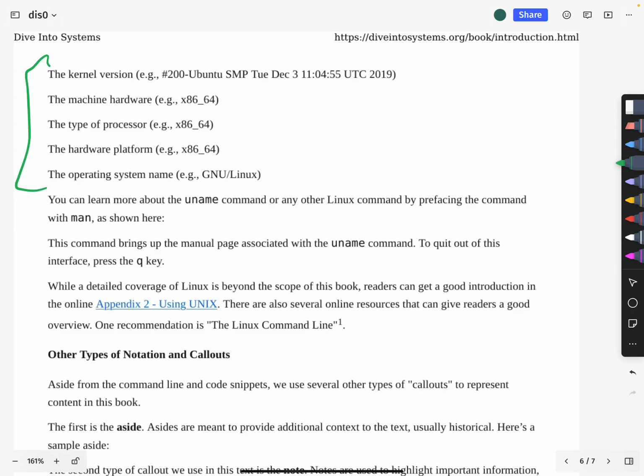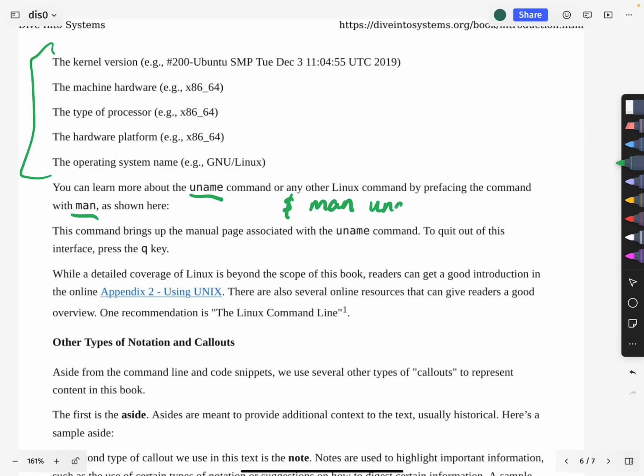Okay. Whenever using the terminal, if you have a command like uname and you want to know, we saw what happened if you use the -a flag, but what other flags are available? Well, if you basically type man and then the command, so if the dollar sign is here, that's where your prompt is, and you type man, which is short for manual, uname.